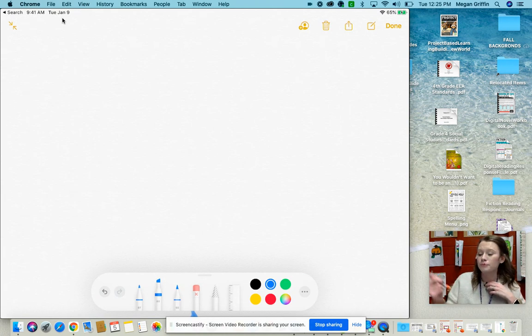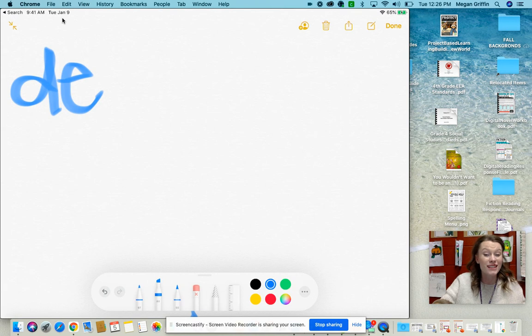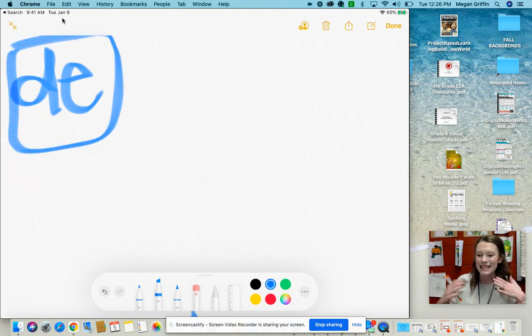Remember, our prefixes that we know are going, well, you don't have any prefixes on here. Yes, you do. We know that this is a prefix, okay? That's the only prefix you're going to have on your list today, okay? So when you see this in a word, you know that you can box it, and it's going to say D, okay?